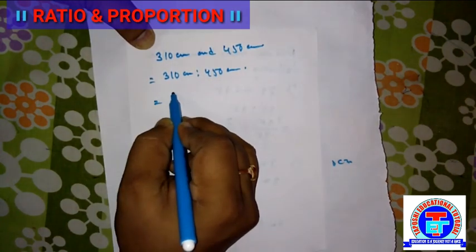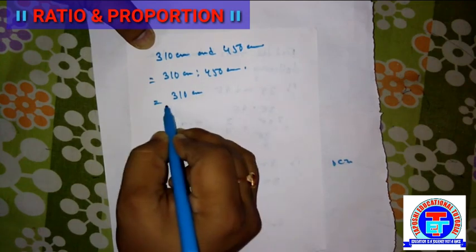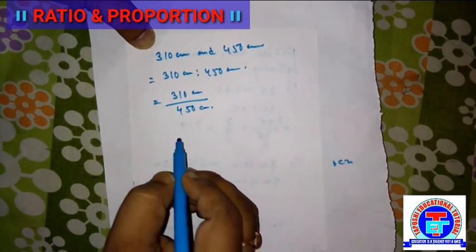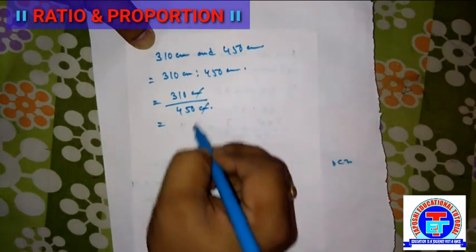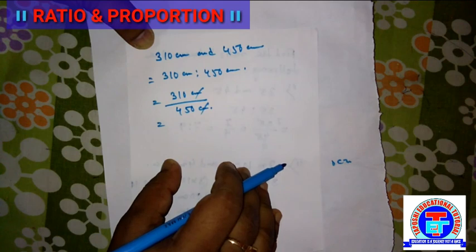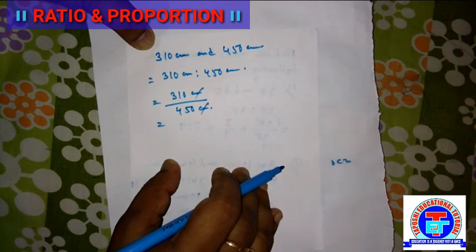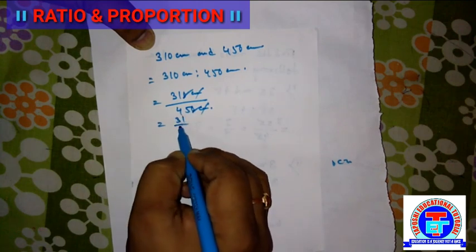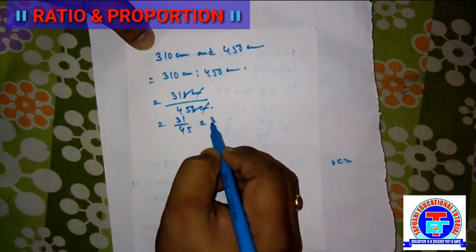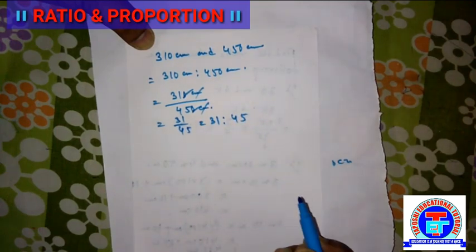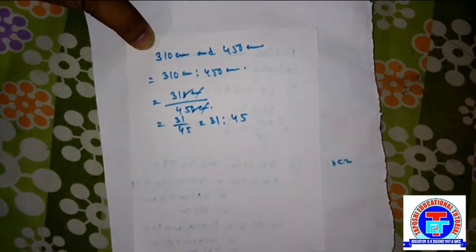We write 310 centimeter divided by 450 centimeter. Now the centimeter cancels, as the ratio of two numbers is totally unit free. So 0 cancels here, giving 31 by 45. That means 31 is to 45. I hope you understand.